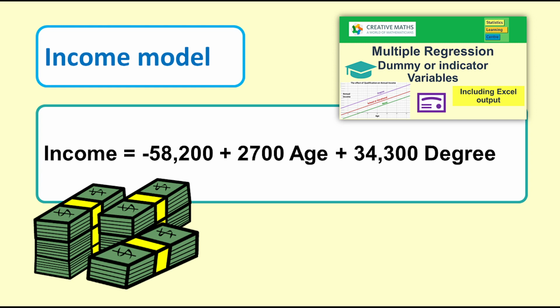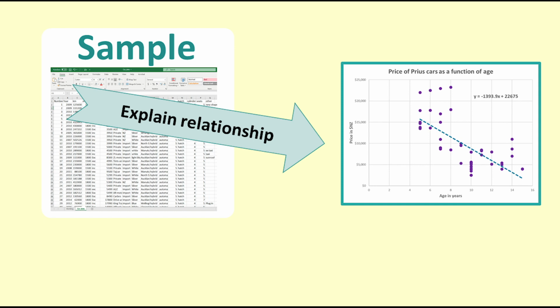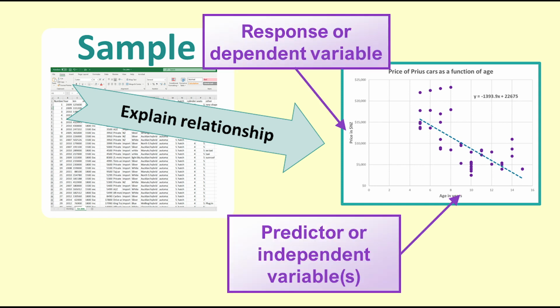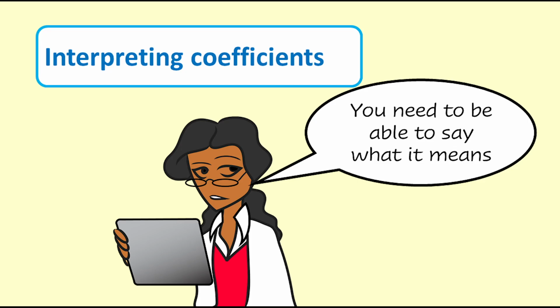These models were developed from sample data and help us to understand the relationship between the predictor or independent variables and the response or dependent variable. It is important to be able to interpret the coefficients of the predictor variables in the model.